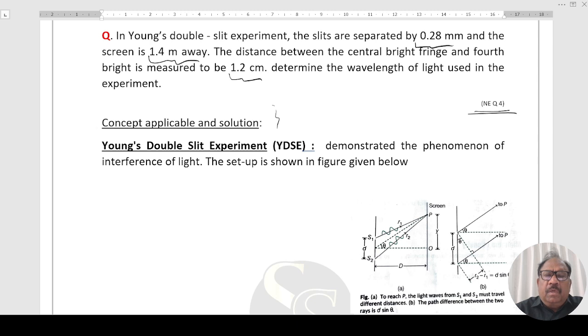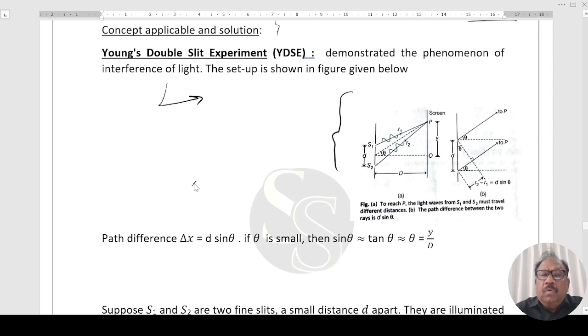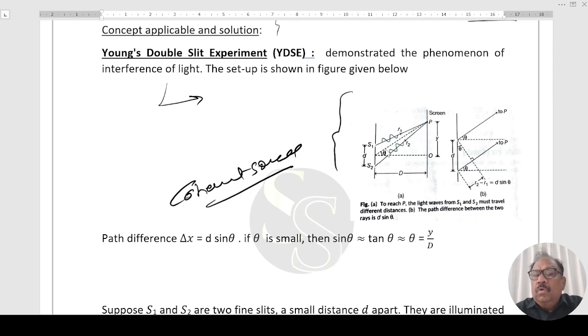What is Young's double slit experiment? It demonstrated the phenomenon of interference of light. The setup is this one. Two coherent sources move, interfere, meet at a point P from center.